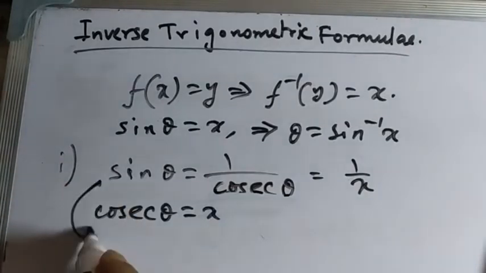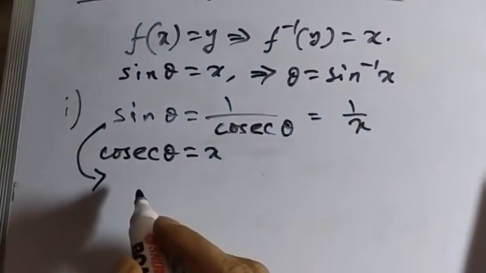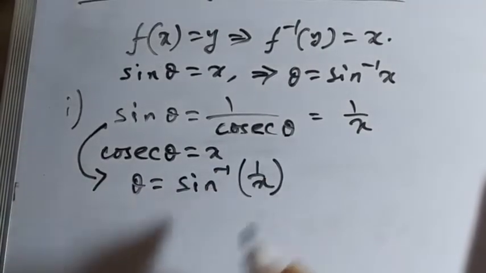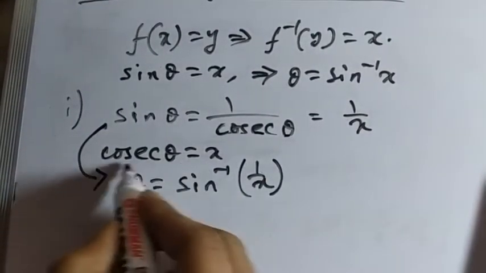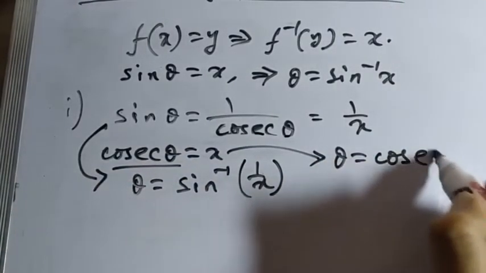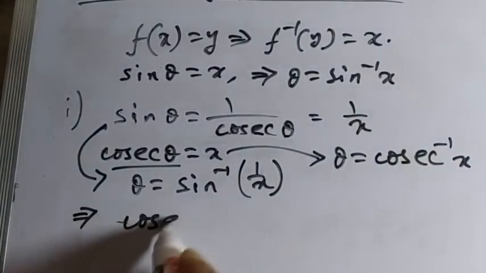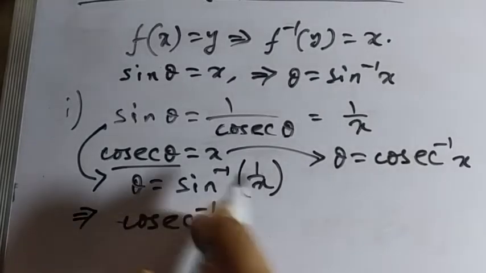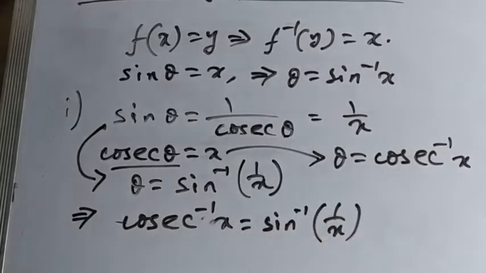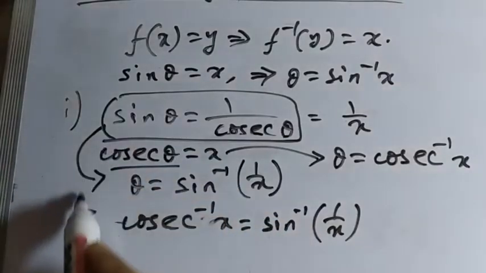So from there we can write that theta equals sin inverse 1 by x, and if cosec theta equals x, then we can say theta equals cosec inverse x. So combining these two, we can write that cosec inverse x is nothing but sin inverse 1 by x. So from this property we can get this formula.